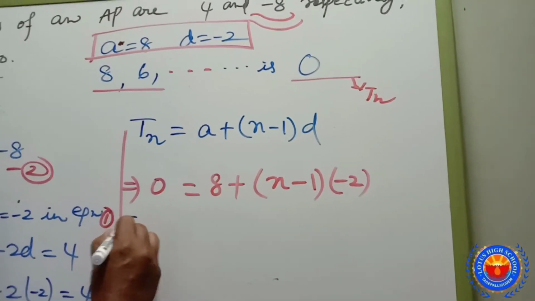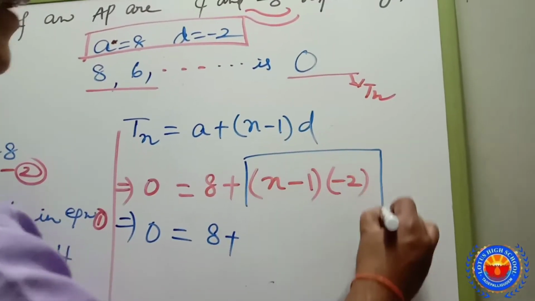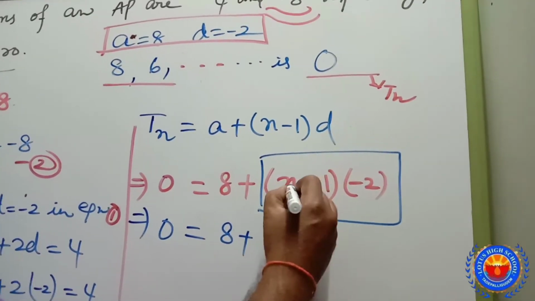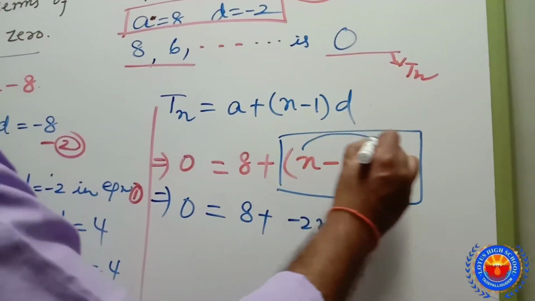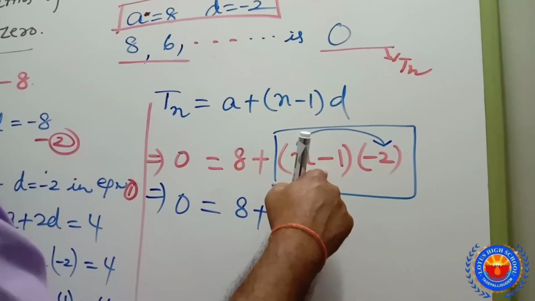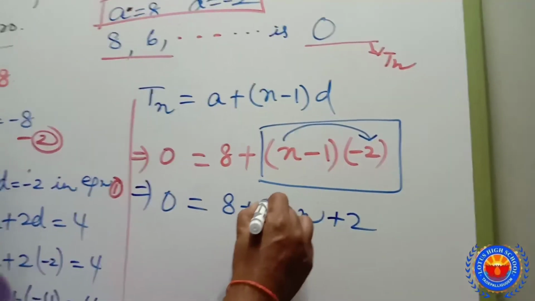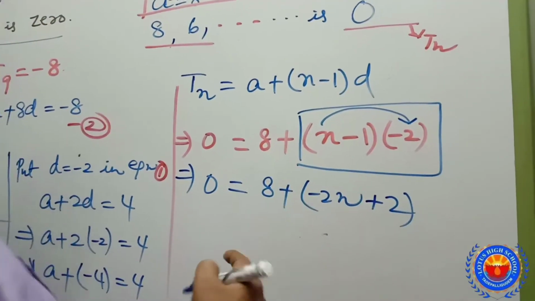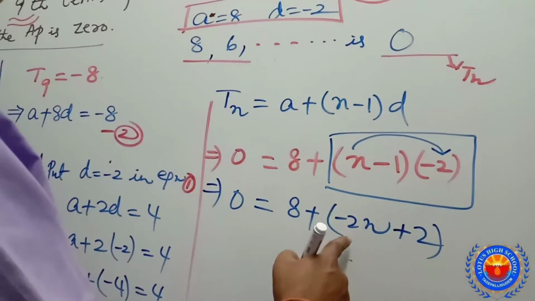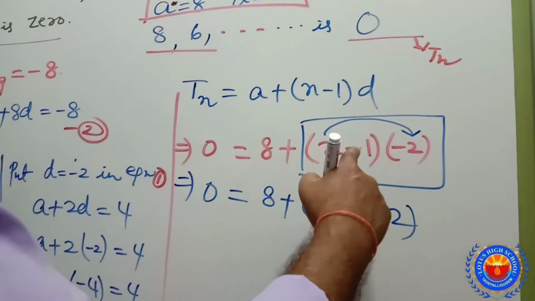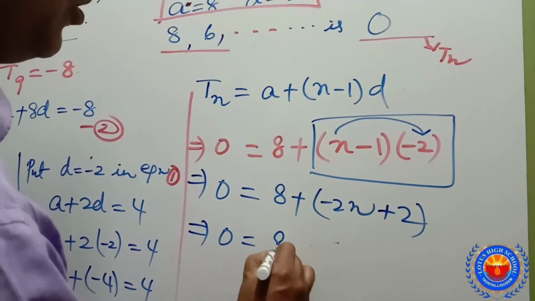That implies 0 is equal to 8 plus, simplify this one, (n minus 1) into minus 2, which is nothing but minus 2n plus 2.